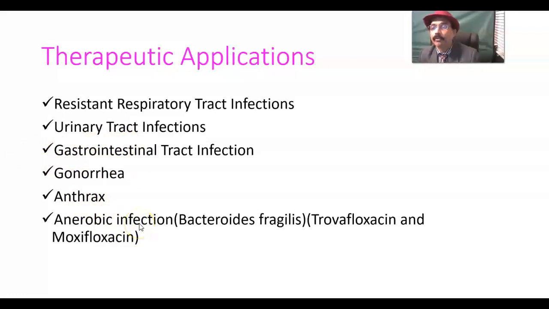Bacteria that grow in a low-oxygen environment, like Bacteroides fragilis, can be managed by trovafloxacin, a fourth generation, and moxifloxacin, a third generation fluoroquinolone.